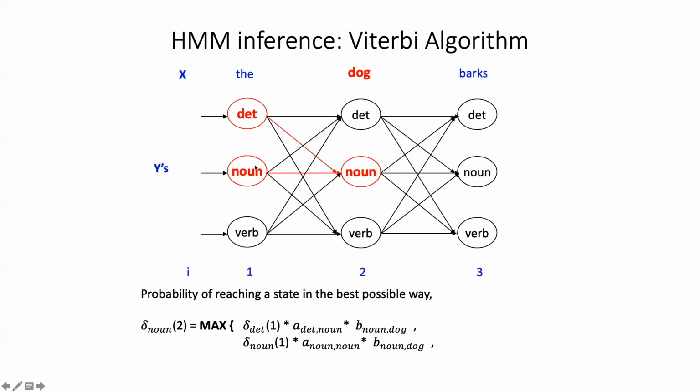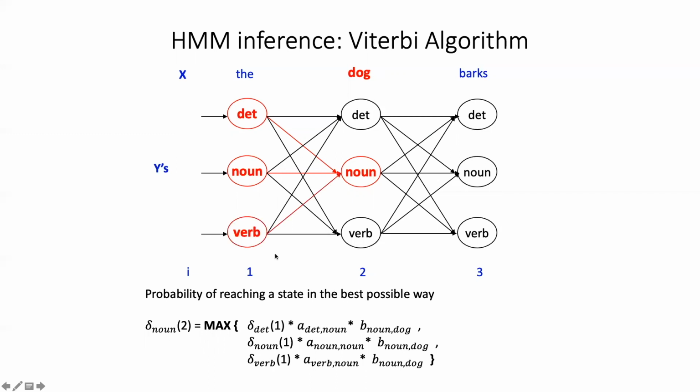So the other possibility is reaching from the state noun to noun, while in the previous state emitting the symbol the. This is represented by this particular term: the initial probability, the previous delta noun multiplied by the transition probability and the emission probability here.